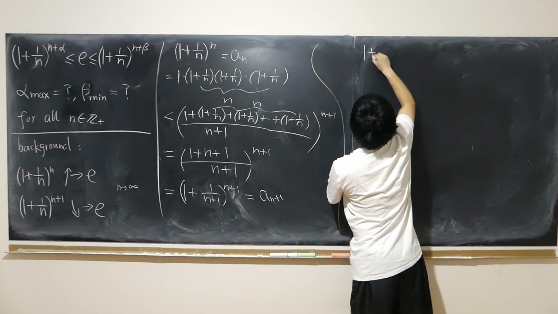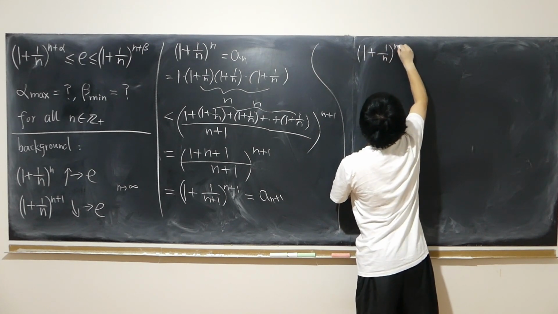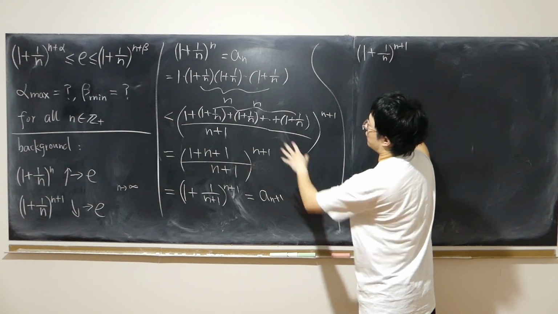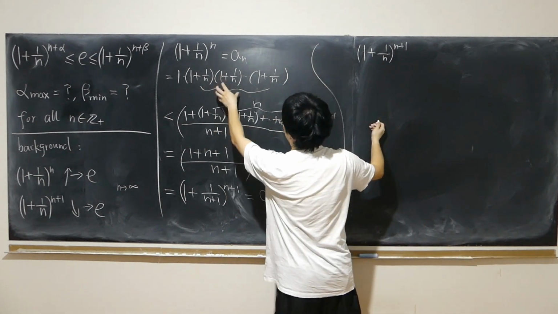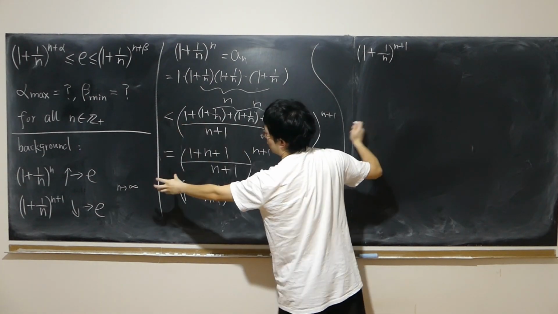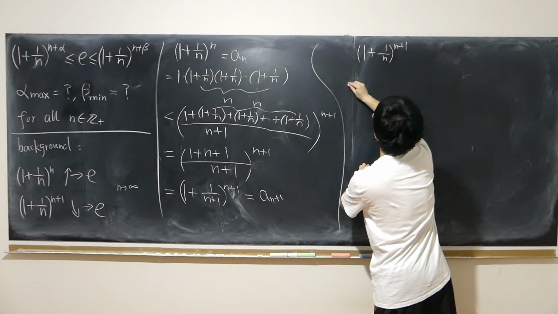1 plus 1 over n to the power of n plus 1. So how do I deal with that? Obviously I cannot use exactly the same method, but a little different, because this time I want to change the direction of the inequality. So how do I do that?